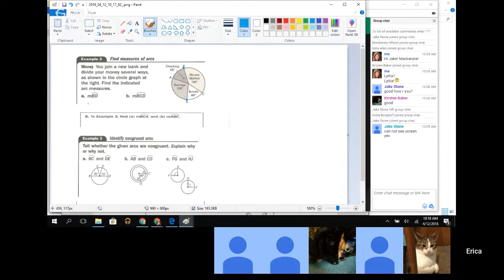When we have BD written like this and we don't have a third point written in, then they're actually talking about the minor arc, the one that's less than 180 degrees. So which way, going to the left or going to the right, is going to give me an angle less than 180 degrees?